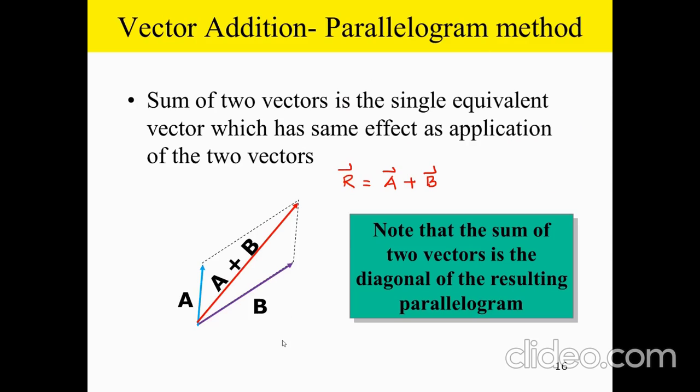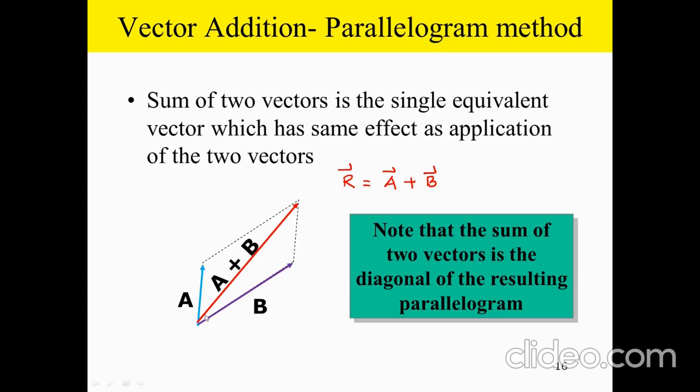Okay, so another methodology to add vectors is by using the parallelogram method. So we have two vectors here, vector a and vector b, and we want to find the resultant vector by adding them. All we have to do is combine the tail of one vector to the tail of the other, and then form a parallelogram in this format.